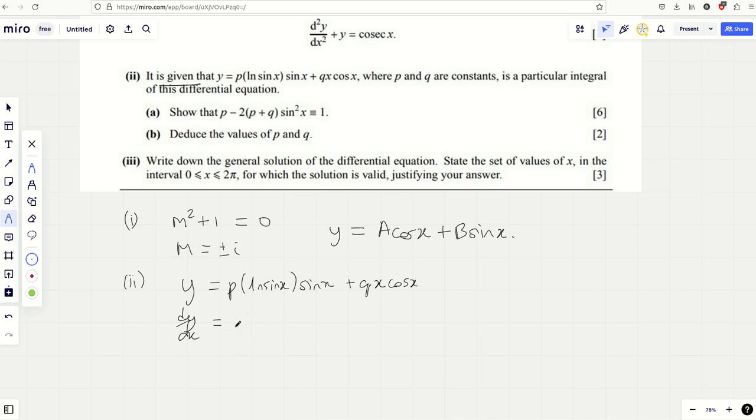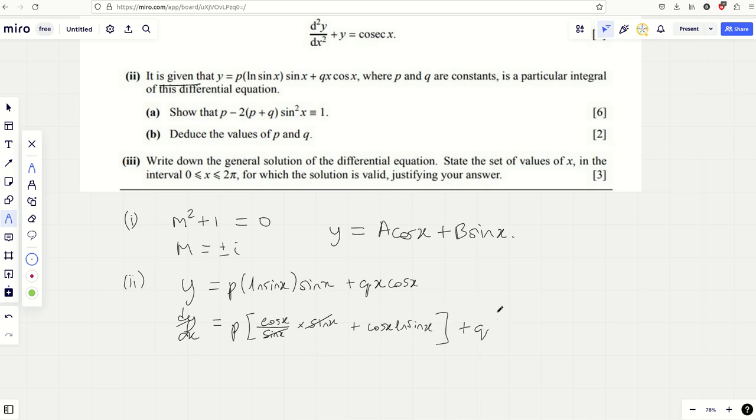Well, we're going to need product and chain rule. Firstly, I said p, and then differentiate this, you're going to get, differentiating within the function, cos x times 1 over sin x, so that's cos x over sin x. But then we're multiplying that by sin x, the other side undifferentiated, and that's going to cancel. Plus, differentiate this part of the function, that's cos x, times that undifferentiated, so you're going to get cos x ln sin x.